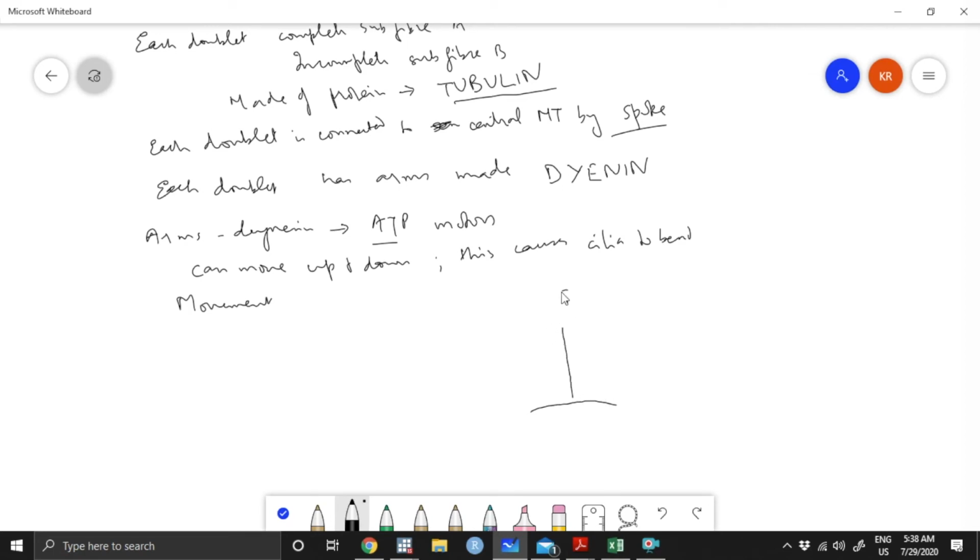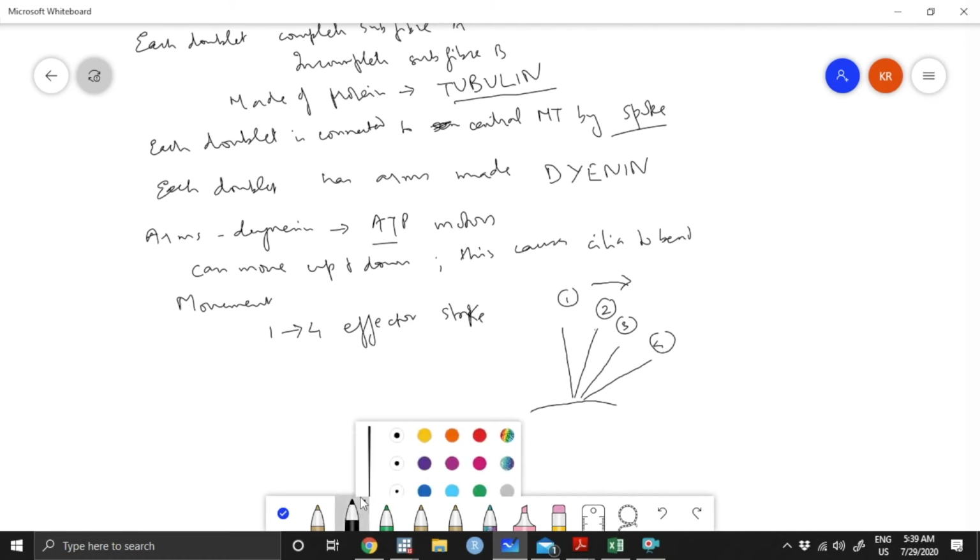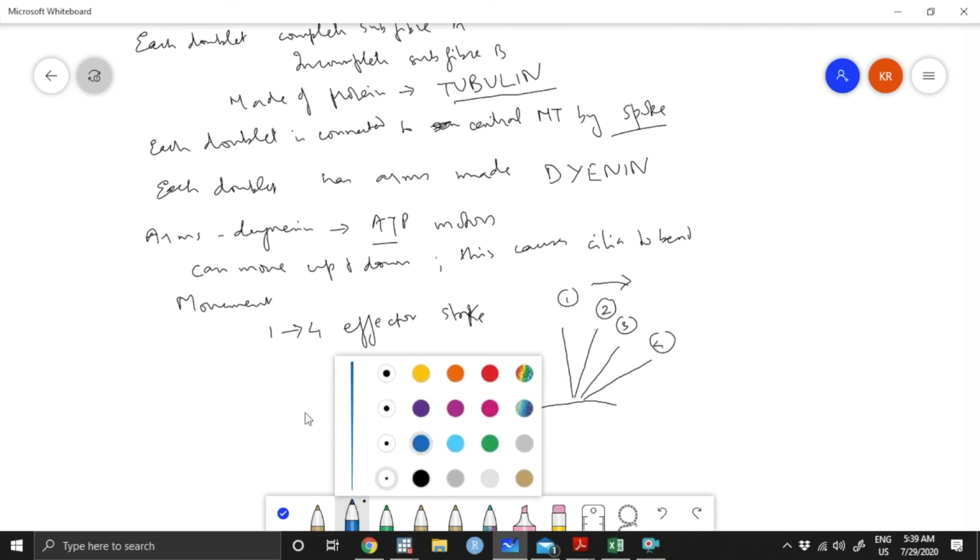Now if this is, say, a membrane and this is the cilium, let's say this is position 1 and it moves in this direction. This is 2, this is 3, this is 4. So this is 1 to 4. This is called the effector stroke.